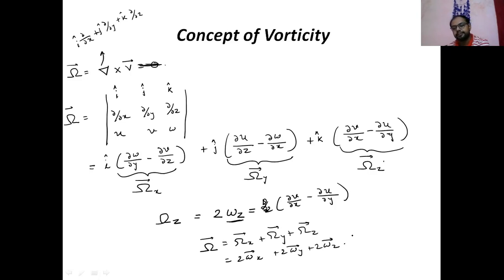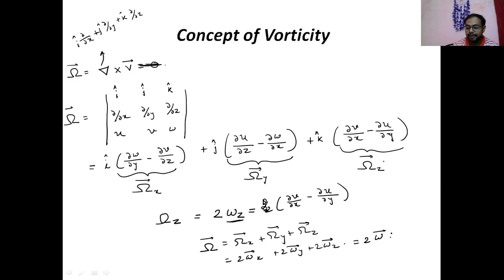You can write it as 2 into the angular velocity vector. That is the form to write it down in these cases. There is no doubt about it.